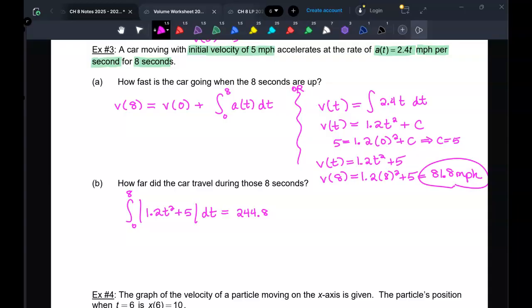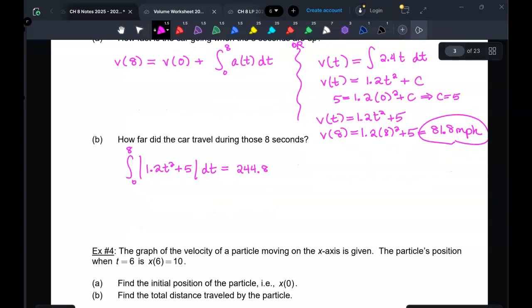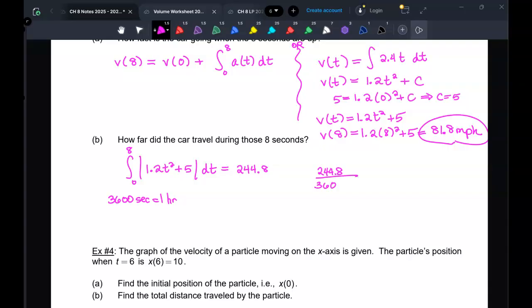What would we need to do in order for it to make sense? How many seconds are in an hour? 3,600. So we're going to take 244.8 and divide by 3,600, and that will give us how many miles?